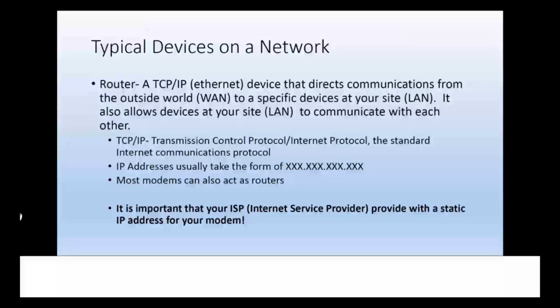It's also important to know that most modems can also act as routers. So even though we're treating them right now in our discussion as 2 separate devices, they could actually be the same device. And so the router is the critical component of getting your site connected to the outside world.